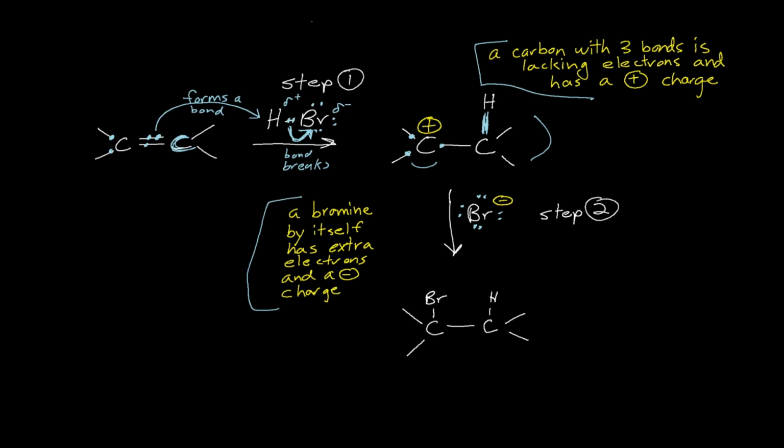So this has extra electrons. That makes it minus. One of these pairs of electrons can go and form a bond directly to that carbon. Minus to plus. Makes sense. Forms a bond, and this right here is the bond that it just formed. So now we see the net reaction, addition of HBr to the alkene.